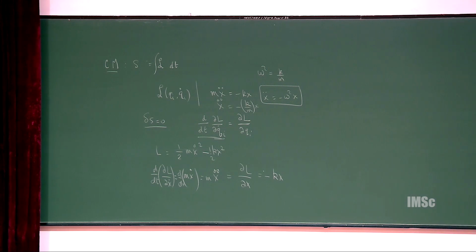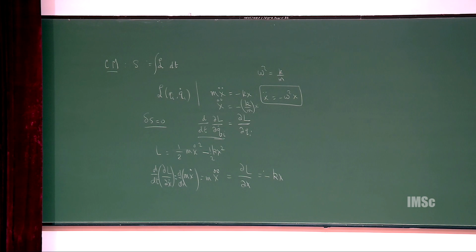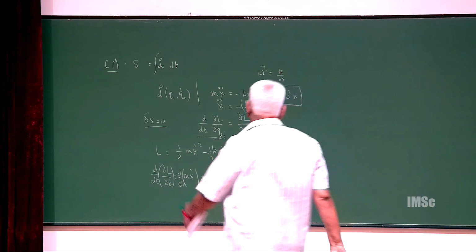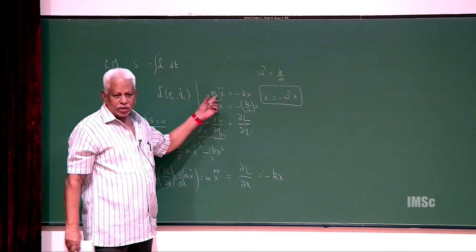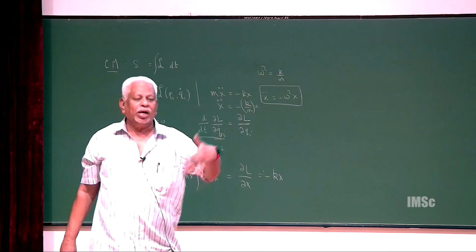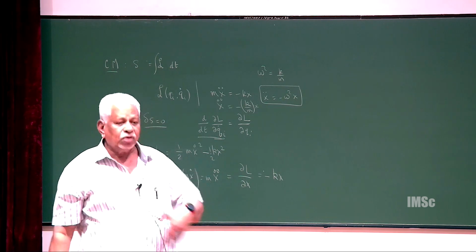Whether you have a gravitational potential, spring constants like this, or any other problem, except one problem. Here the force m x double dot is mass into acceleration. What is the force?